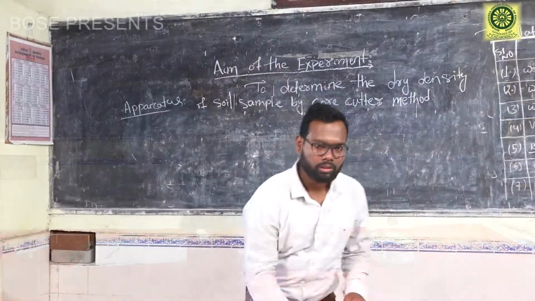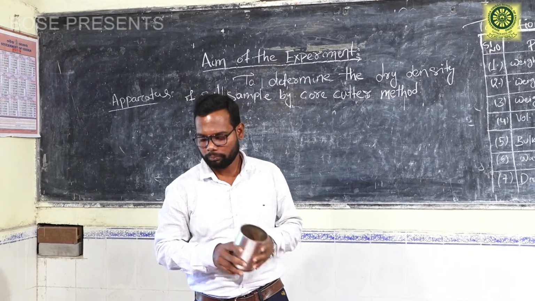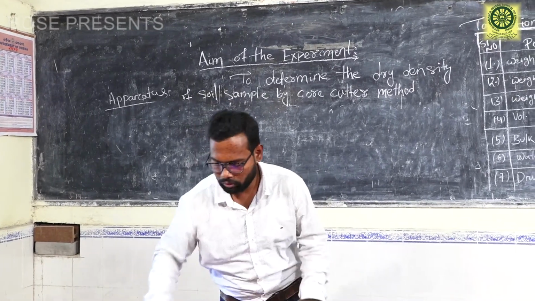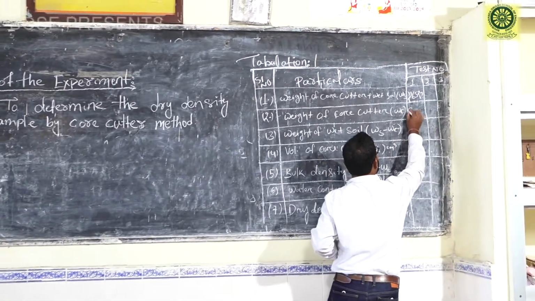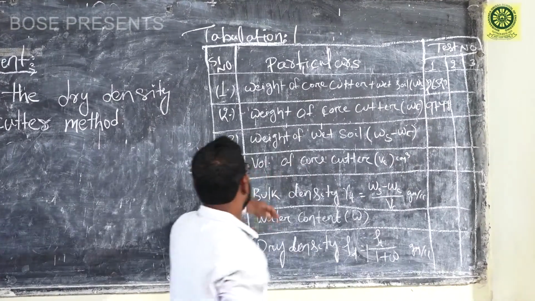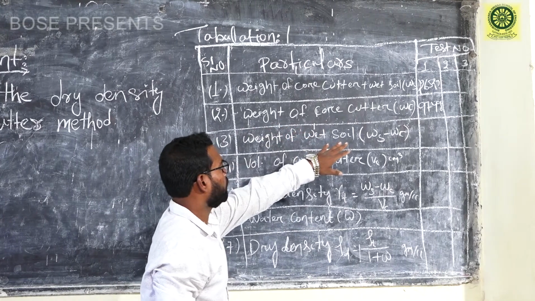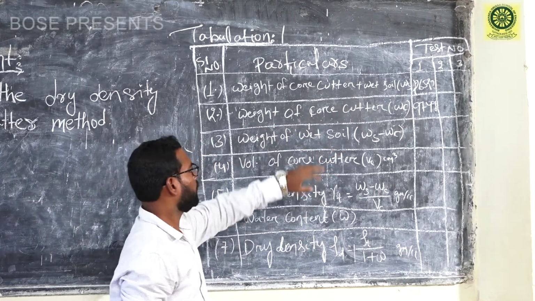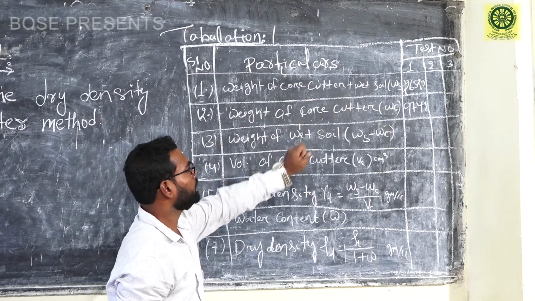I have cleaned it and weighed it, and the weight came out to 974 gram. Now I will write it down. So from this observation, I have the weight of the empty core cutter, which is 974 gram, and the weight of the core cutter plus soil, which is 2652 gram.